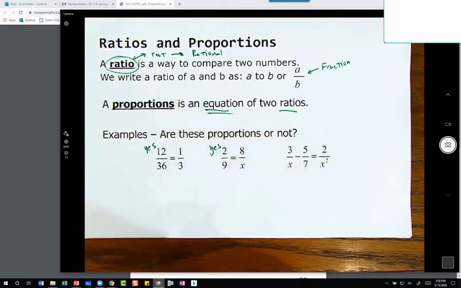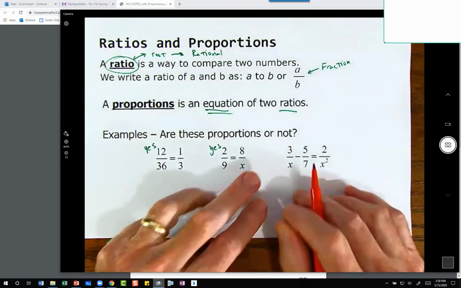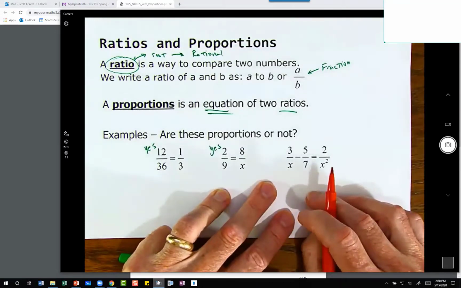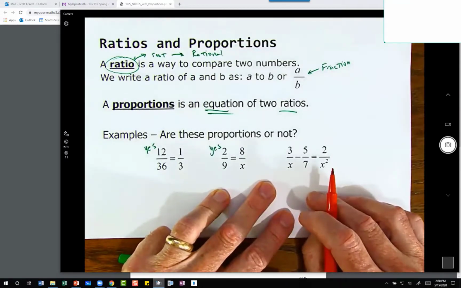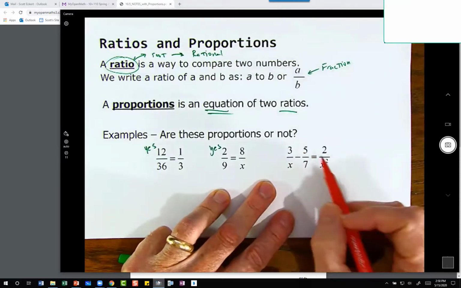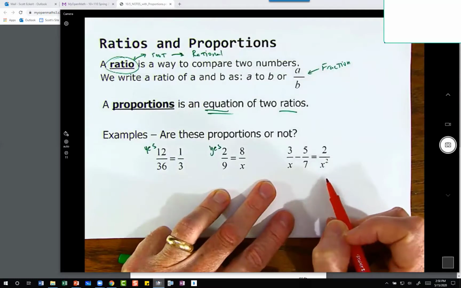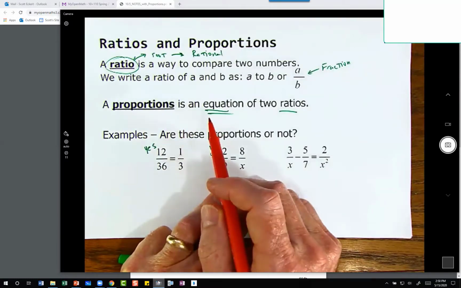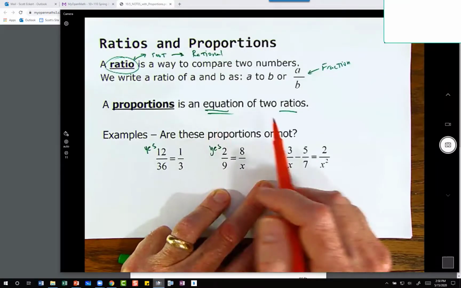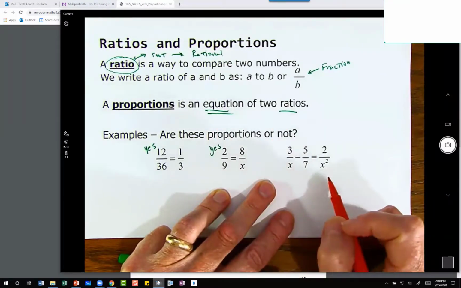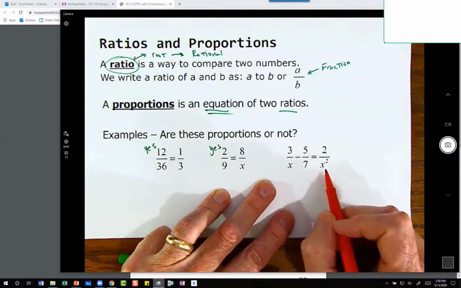How about the last one? Is that a proportion? Does this satisfy the definition of being a proportion? Proportions are equations with 2 fractions. This one doesn't have 2. It has 1, 2, 3 fractions.